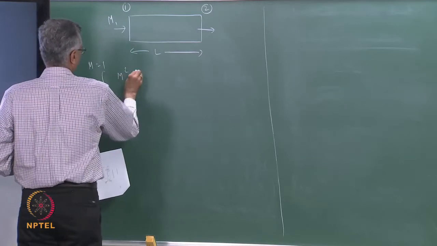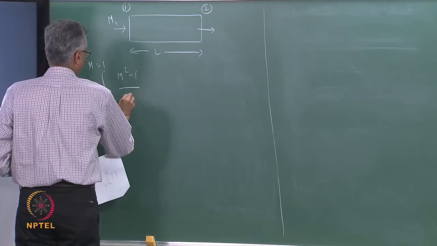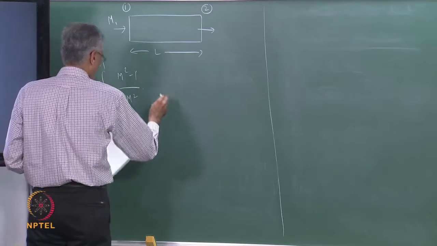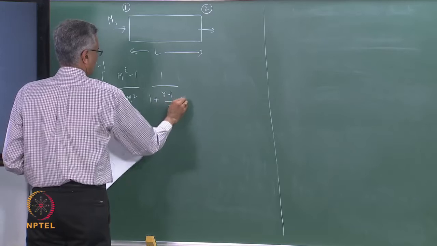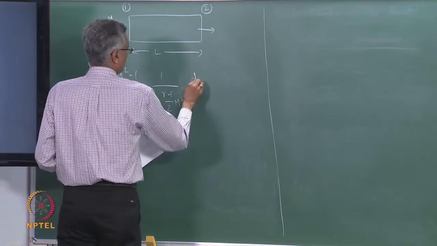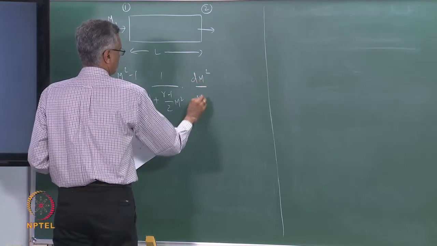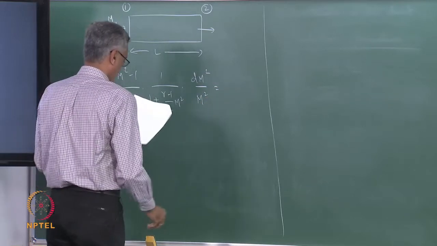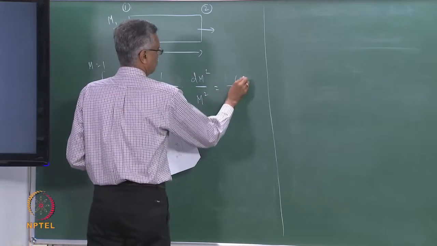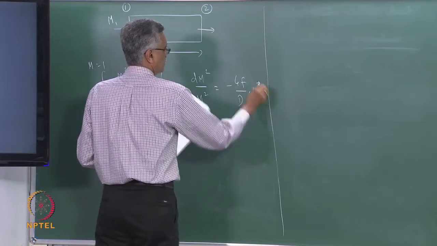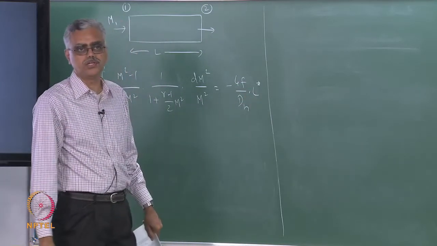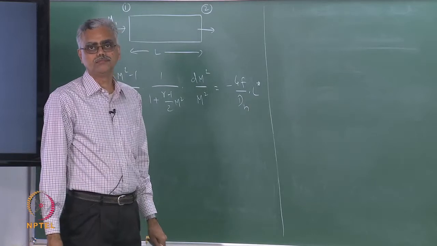So this is (M square minus 1) over (gamma M square) times 1 over (1 plus (gamma minus 1) over 2 times M square) times dM square over M square is equal to minus 4f over dH times, in this case this becomes the L star corresponding to M1, right.